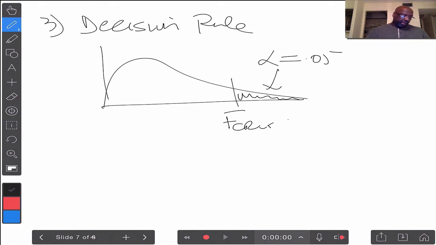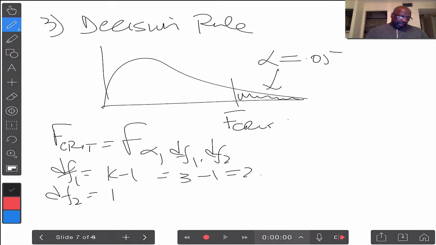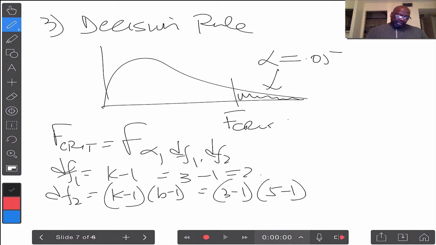And we know that F critical is F alpha, DF1, DF2. So what's DF1? DF1 is K minus 1, which is 3 minus 1, which is 2. DF2 is K minus 1 times B minus 1. We have 3 treatments, 3 minus 1, and we have 5 blocks. So that's 4 by 2 is 8.